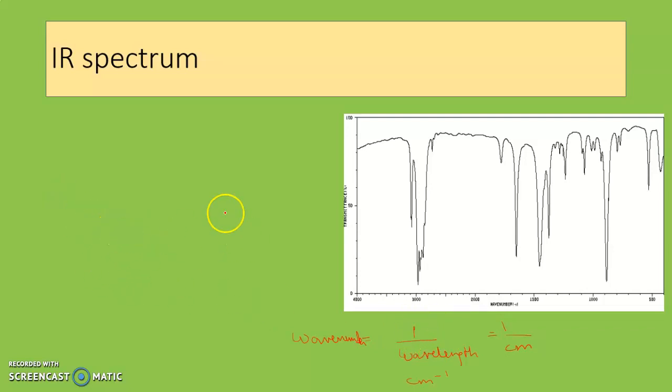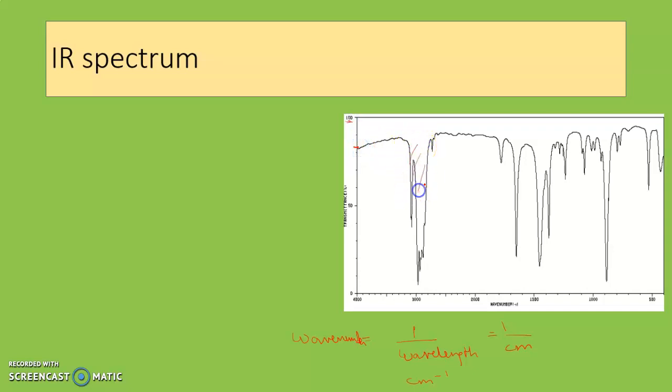Now on the vertical axis, you've got transmittance. So how much of that infrared radiation has been transmitted, or has gone past the sample. You can see that parts of the spectrum indicate 100% or nearly 100% transmittance.